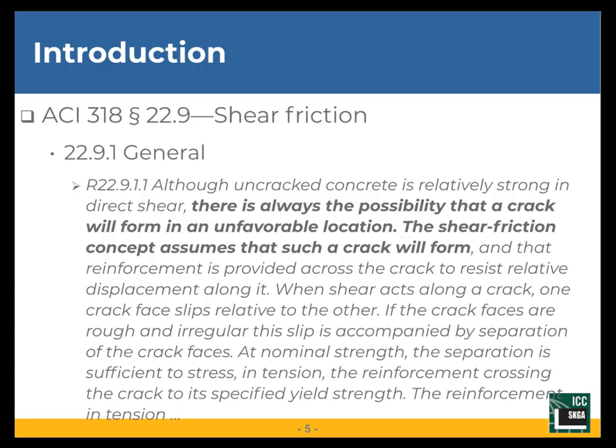So we assume something would cause that crack to form, whether it's volume change, shrinkage, temperature-related volume changes, or loading-related conditions. Whatever causes that potential crack to form, we're going to provide some reinforcement to resist its displacement and ensure we have some strength across that potential plane.